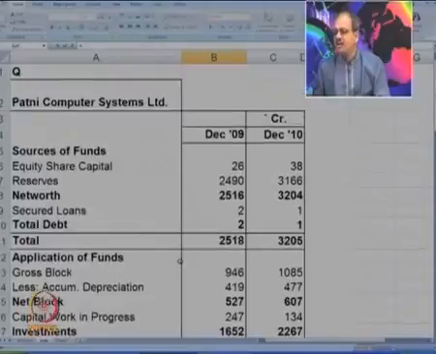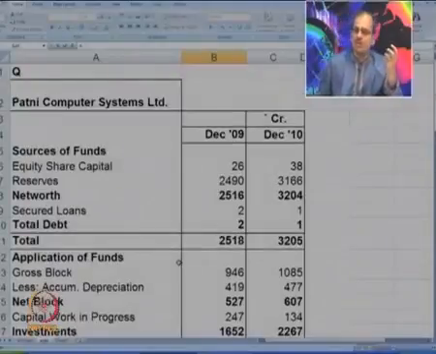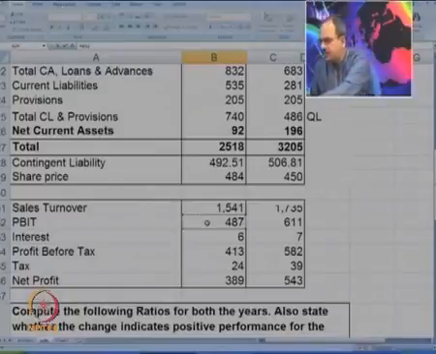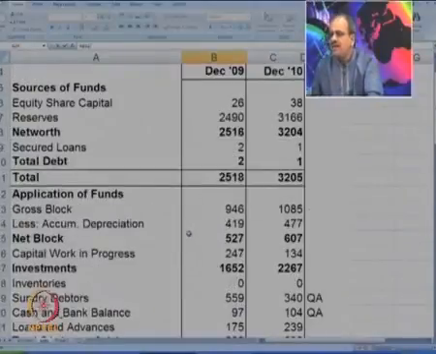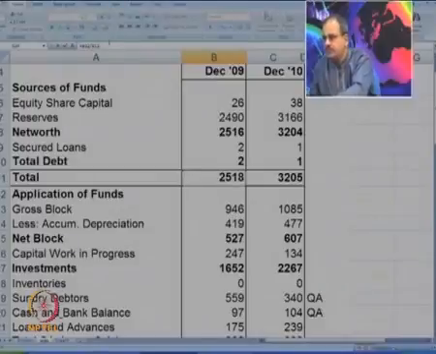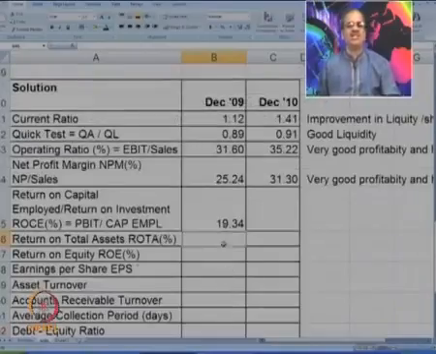So, look at the liabilities now for capital employed and look at profitability for the profits. So, we will pick up PBIT and divide it by the total sources of funds, that is net worth plus debt, and multiply by 100 because we want it in percentage terms.